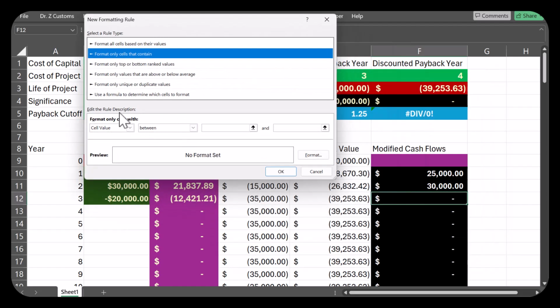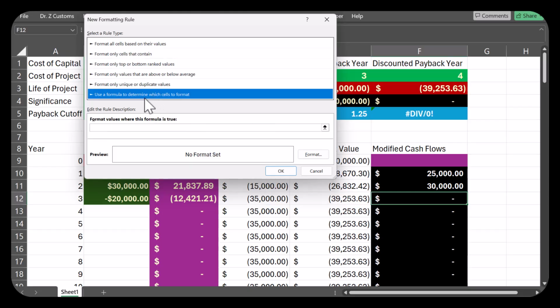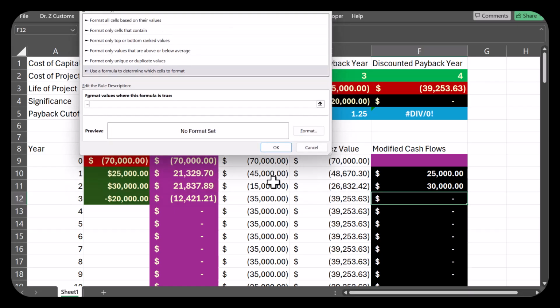Actually, use the formula to determine which cells to format. I'm going to say, if the present value is negative, let's get rid of these. Actually, no, I don't want to do that. Just a second.